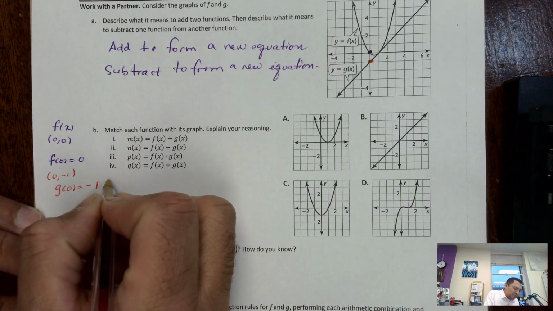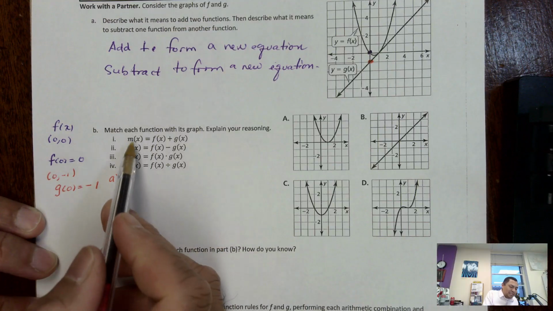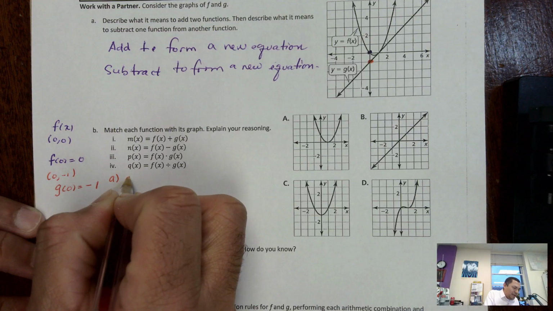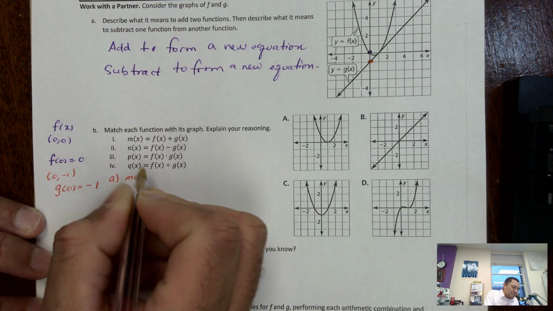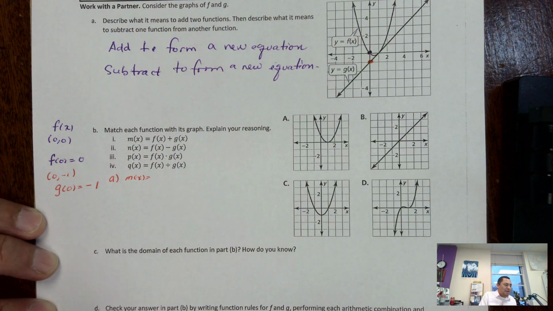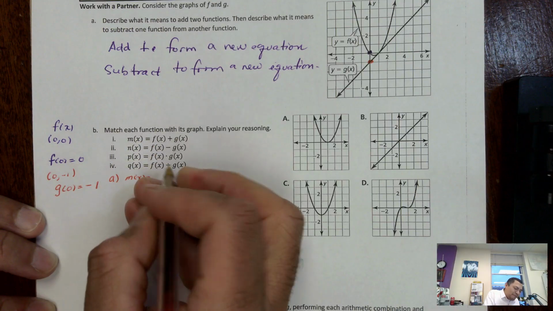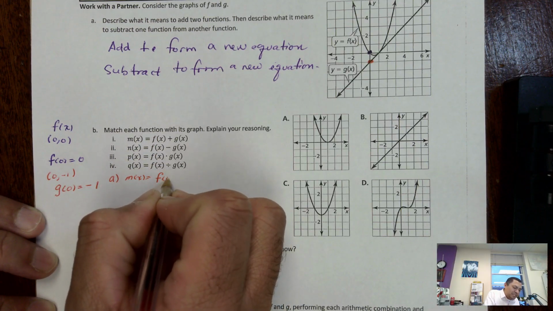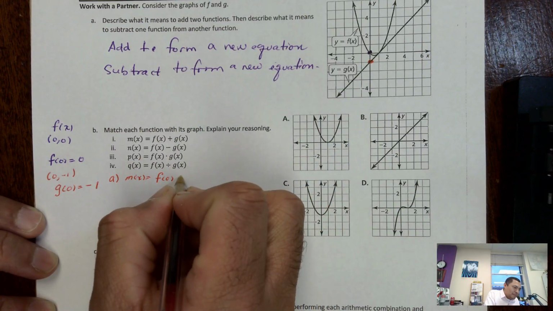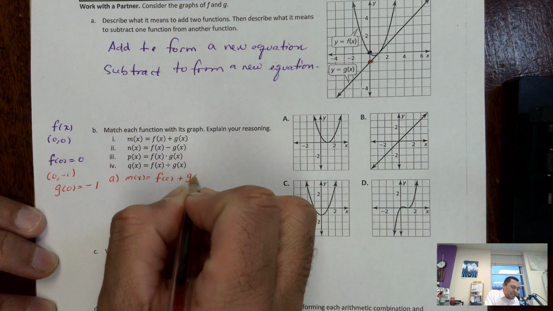So let's do A. A is m(x). You're going to create a new function m(x) that is equal to f(x) plus g(x). Remember that f of 0 is the information given to us, plus g of 0.